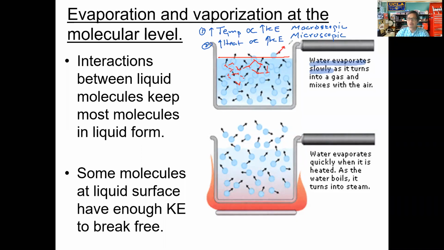It breaks its attractions. It no longer has these interactions with the particles around it. It becomes a particle that has no attractions with other particles, and that is how we define a gas. Remember, we talked about a gas as a particle that has no attractions with other particles around it.